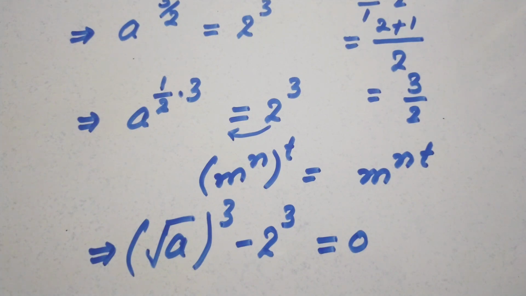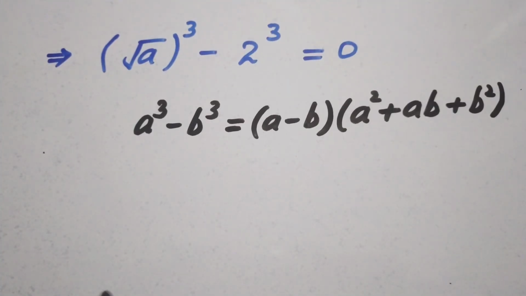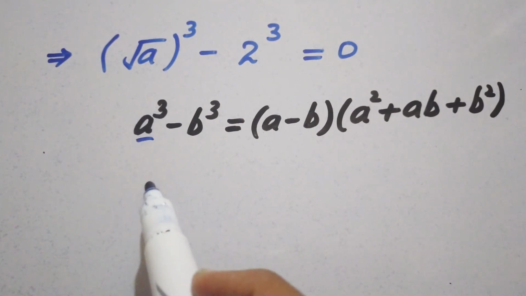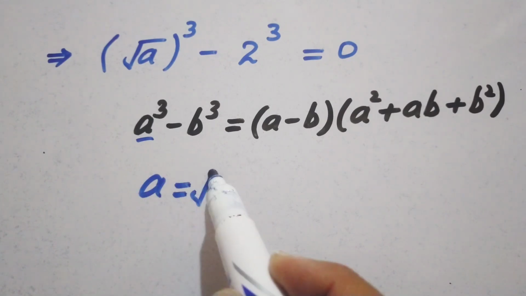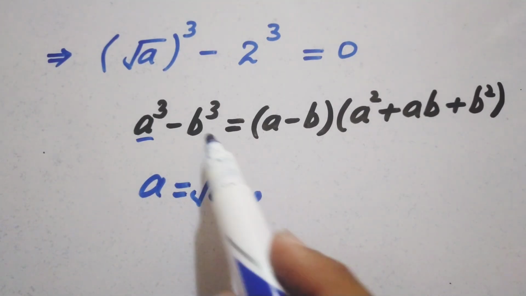Now we can apply an algebraic formula that if we have a cube minus b cube, this is equal to a minus b into a squared plus ab plus b squared. Using this algebraic identity here, we have the value of a is square root of a, and the value of b is 2.